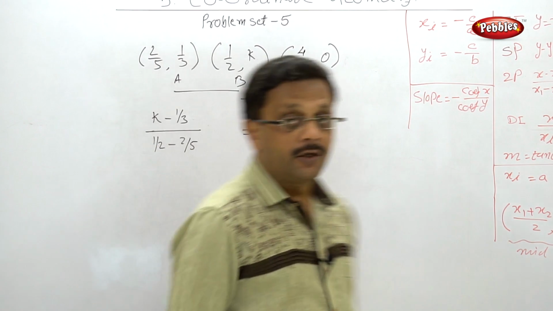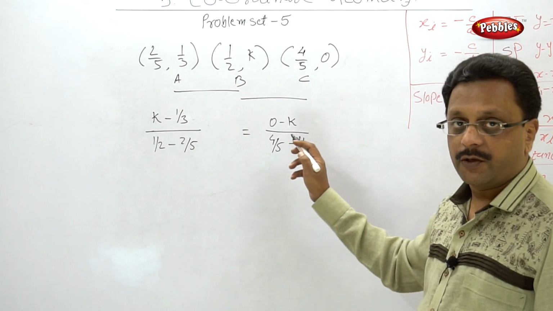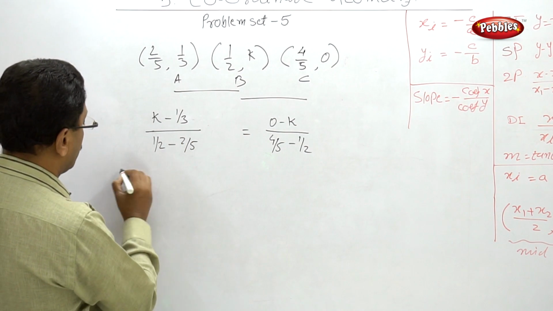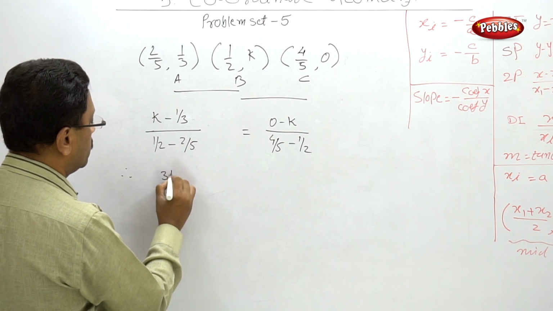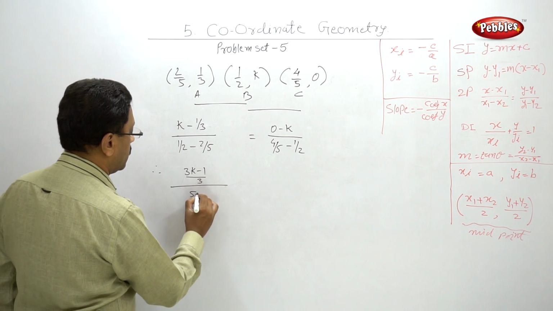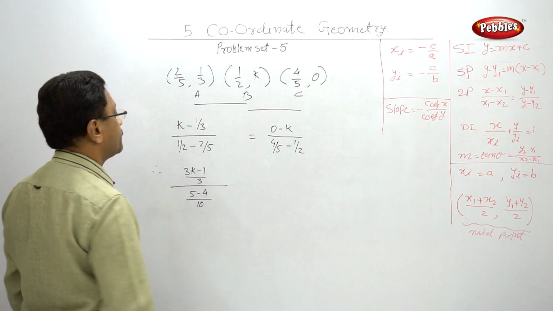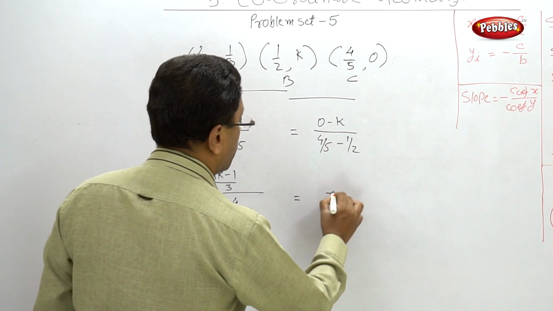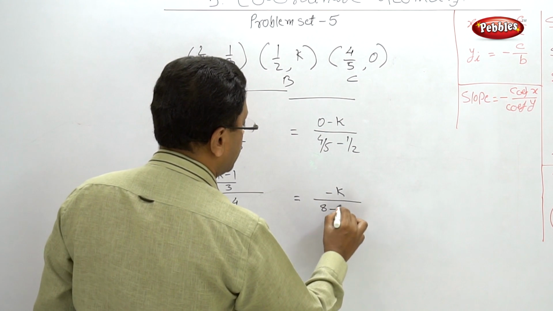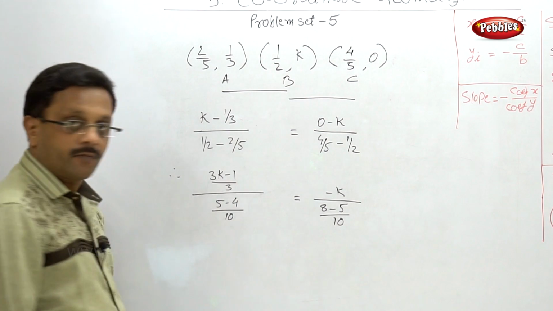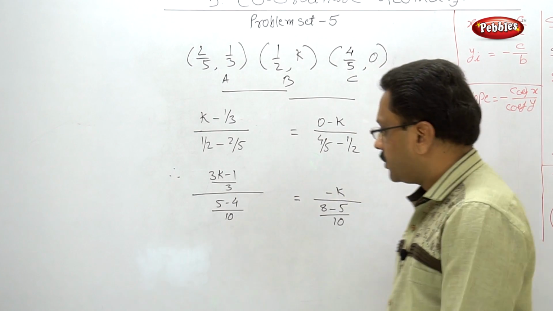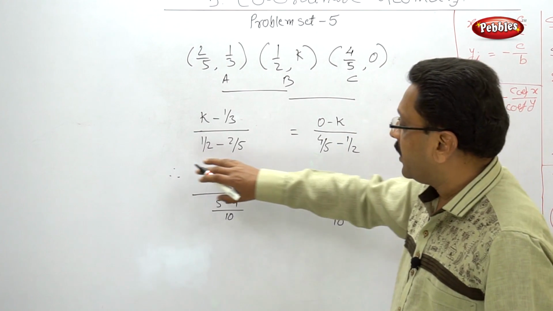Now individually here you have to solve this and find the value of k. How will you solve? First we'll solve this. So we have cross multiplication, (3k minus 1) upon 3, upon 5 minus 4 upon 10, is equal to minus k upon, again cross multiplication, 8 minus 5 upon 10. Okay, when you are solving this kind of complicated example, be cautious that you don't make any miscalculations here.